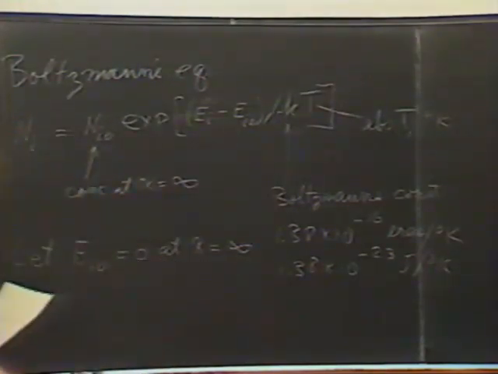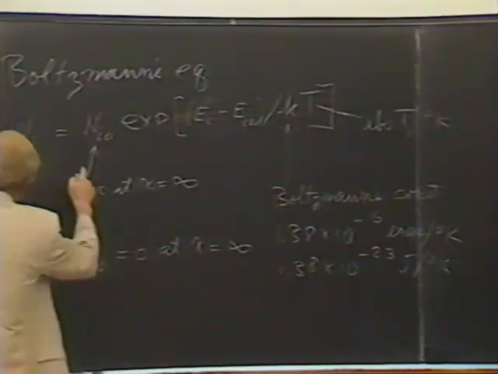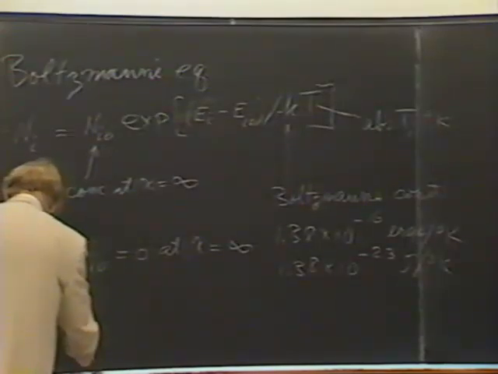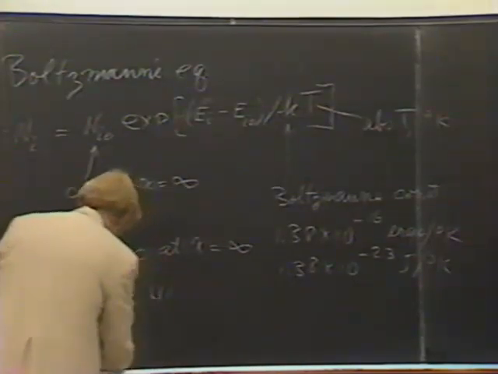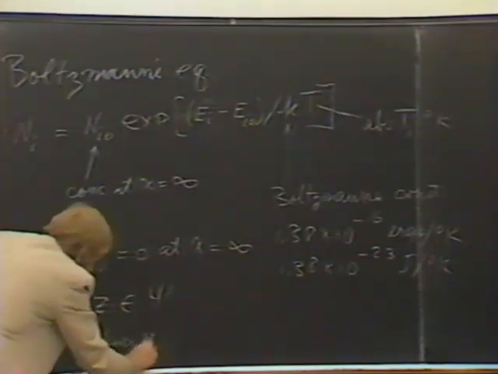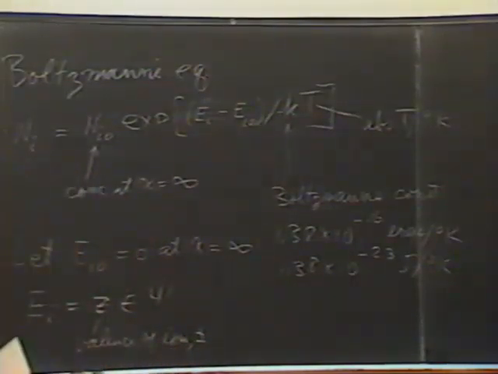For our description, then we can write e i equals Z epsilon times phi, where Z is the valence of the ion, and it can be plus or minus for negatively or positively charged ions. Epsilon is the electrostatic charge.